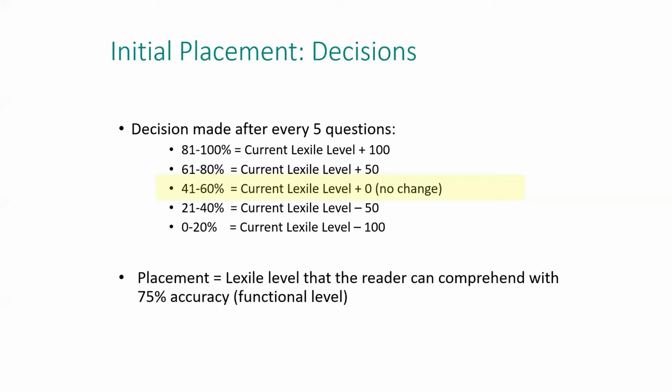And what we're looking for is where the students will comprehend with 75% accuracy their functional level, and then the placement will stop for those students. So big difference. K2, collection of phonics, concepts of print, reading comprehension activities.